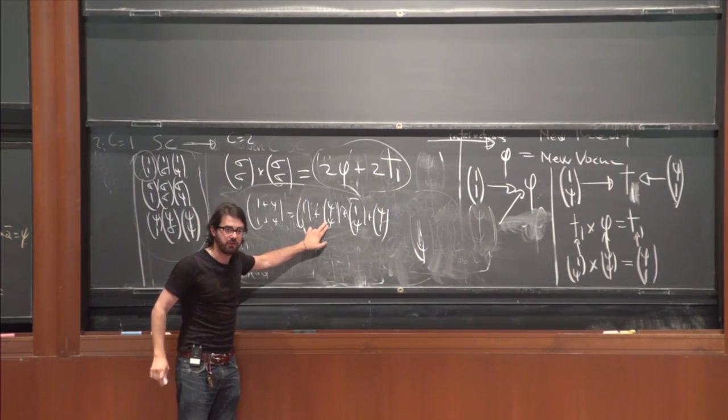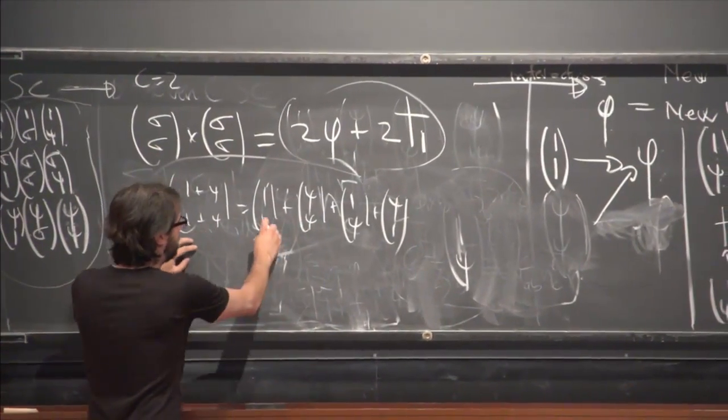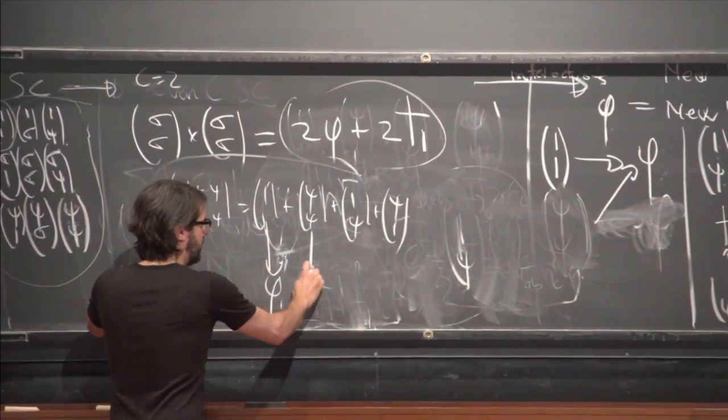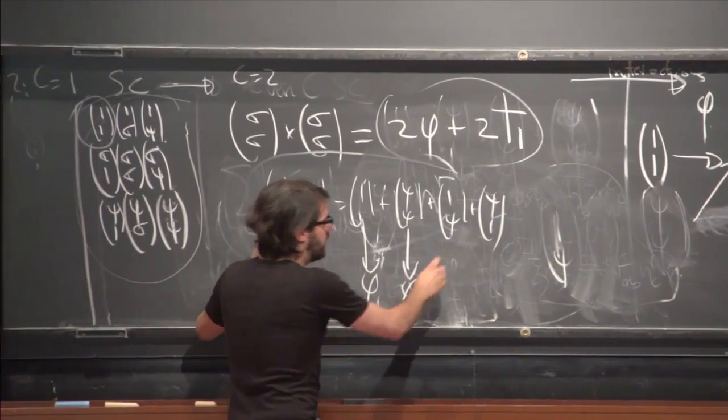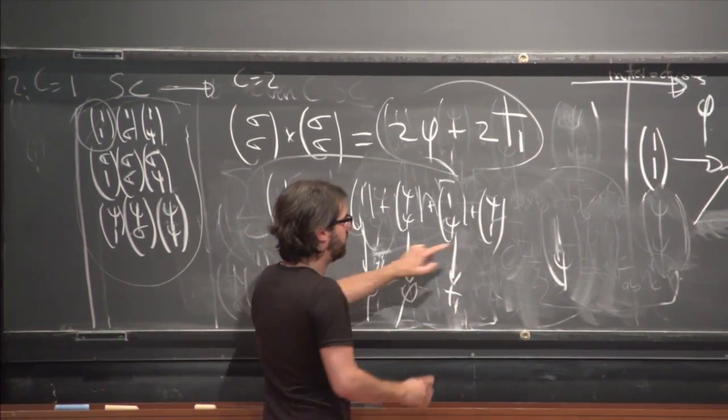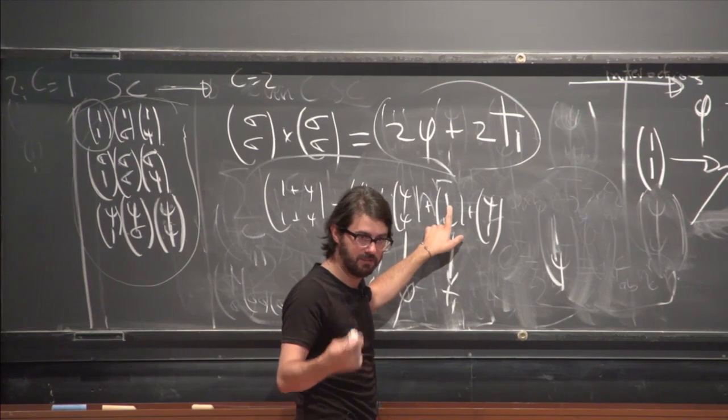So in the new theory, this is identified with a vacuum, this is identified with a vacuum, and this is identified with T1, but this differs from this just by a psi-psi boson.